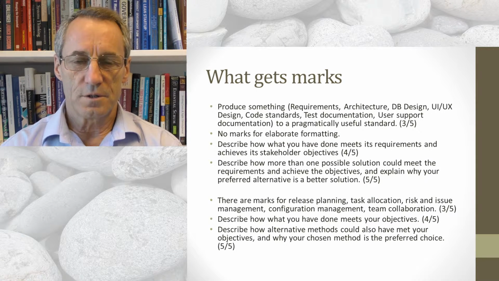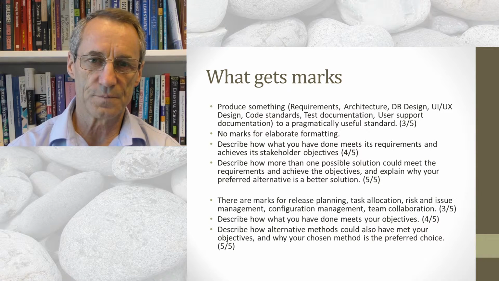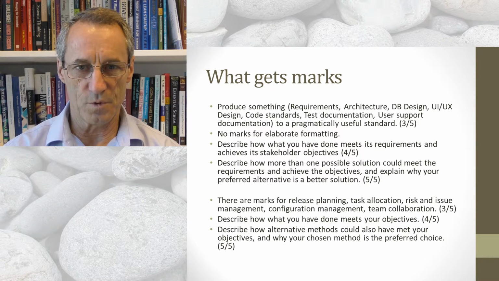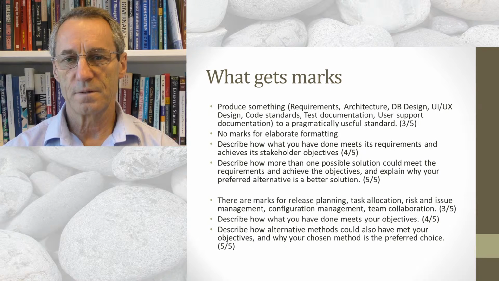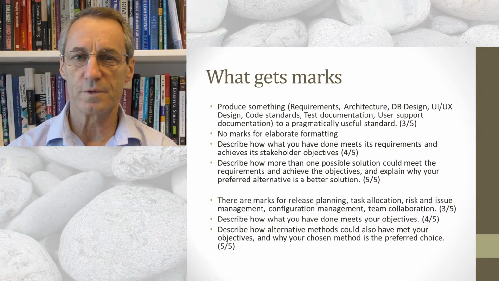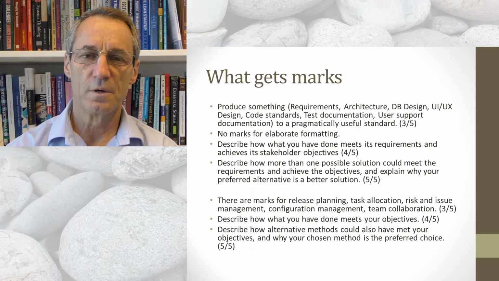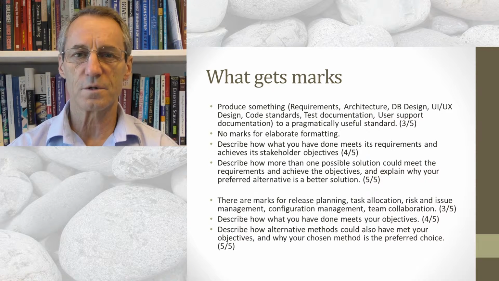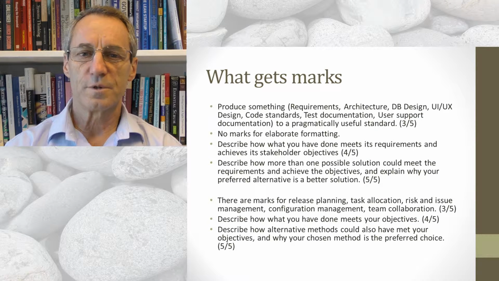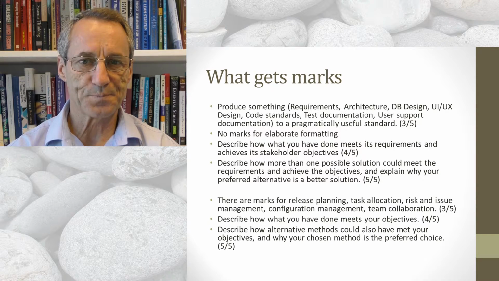Now, work of high distinction is where you can do that not only for one solution, but for at least one more solution. Frequently with software development there are several different ways of doing something. For example, if you're doing the software requirements, you could express these as narrative clauses, you could express them as user stories, you could express them as use cases, you could put them in a spreadsheet, or you could put them on Jira tickets.